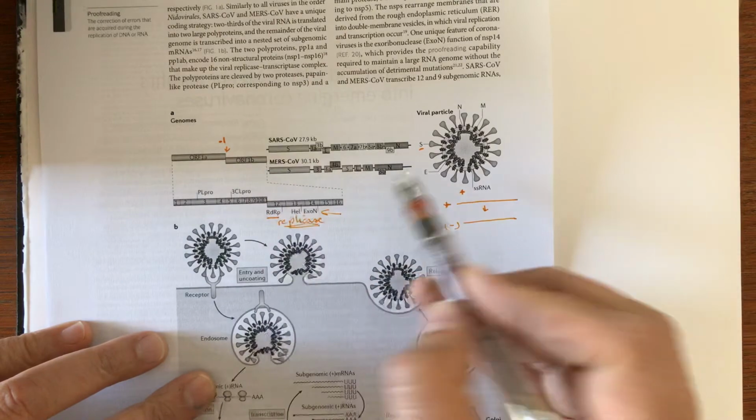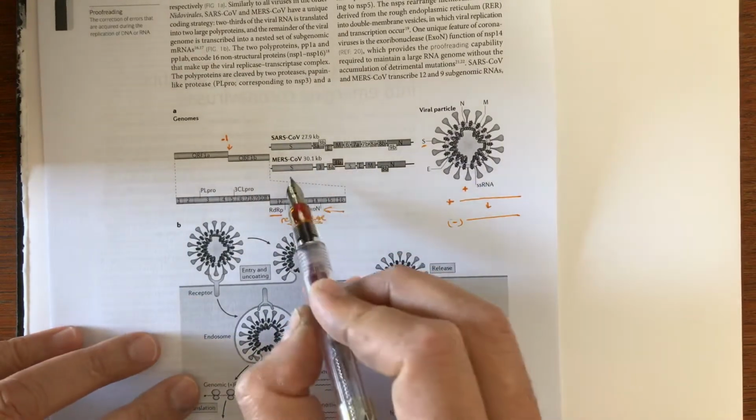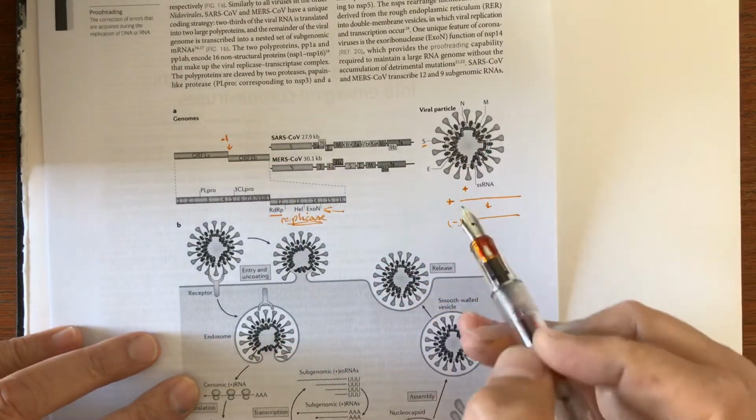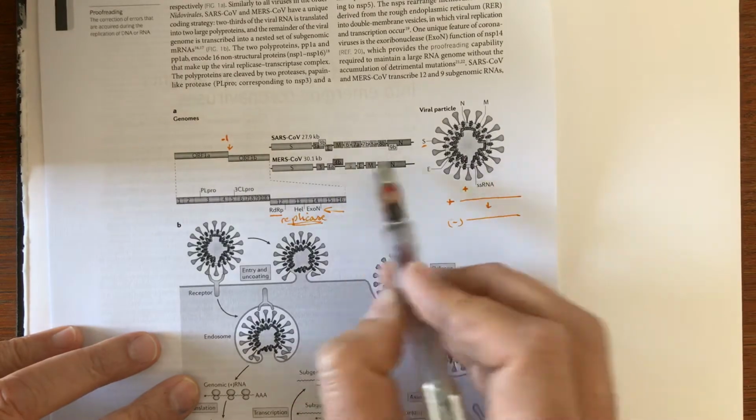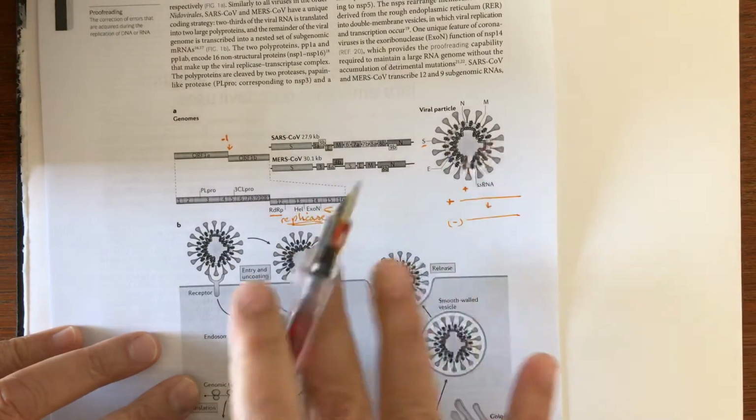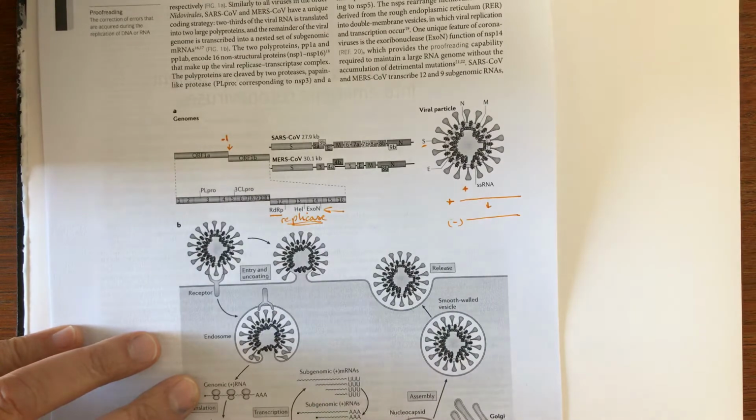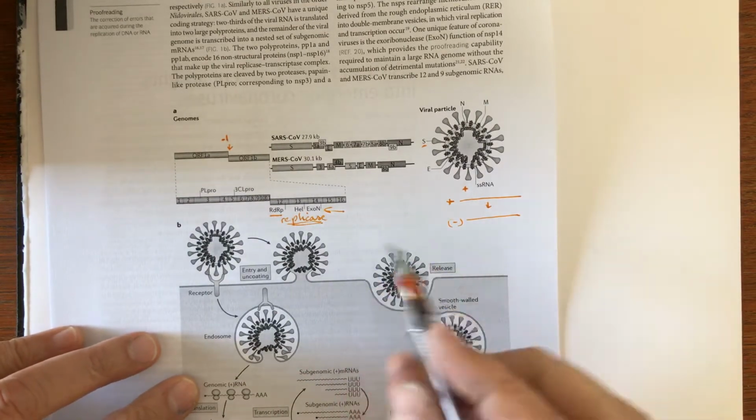Then we have other genes here, including the structural genes. Those are the ones that appear in the virus, and other proteins, some of which I think have unknown function, and even ones that have known function presumably have other functions that are unknown.